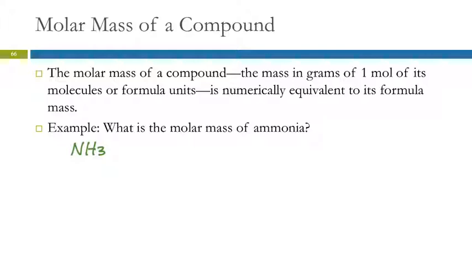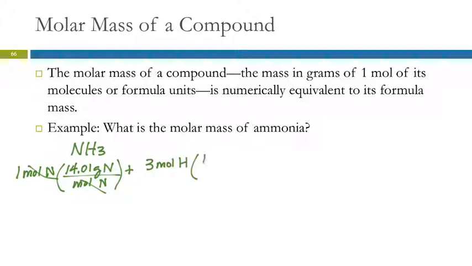In 1 mole of this compound, I have 1 mole of nitrogen. So 1 mole of nitrogen times 14.01 grams of nitrogen per mole of nitrogen, right? Plus, I have 3 moles of hydrogen, and each mole of hydrogen weighs 1.008 grams.